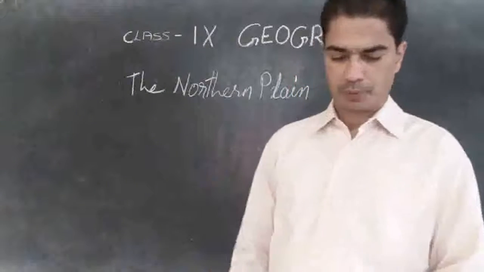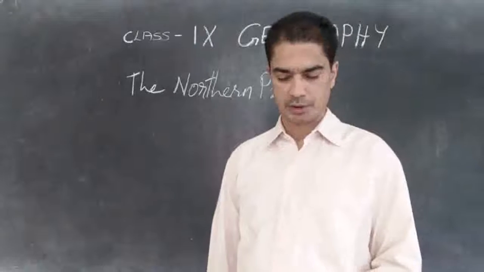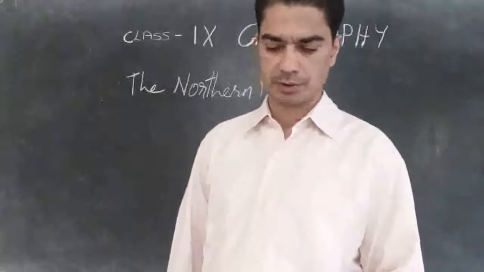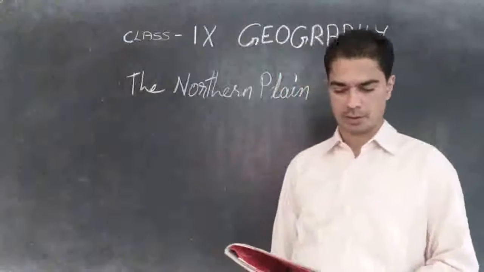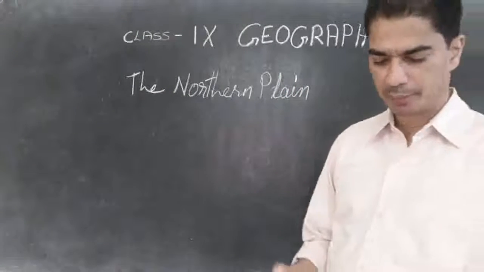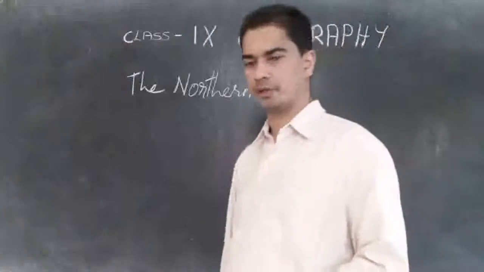The northern plain has been formed by the interplay of the three major river systems, namely the Indus, the Ganga and the Brahmaputra, along with their tributaries.